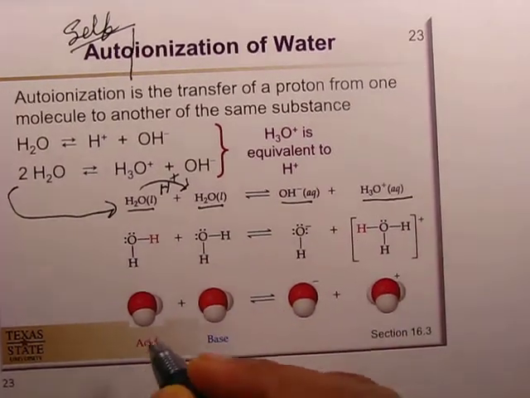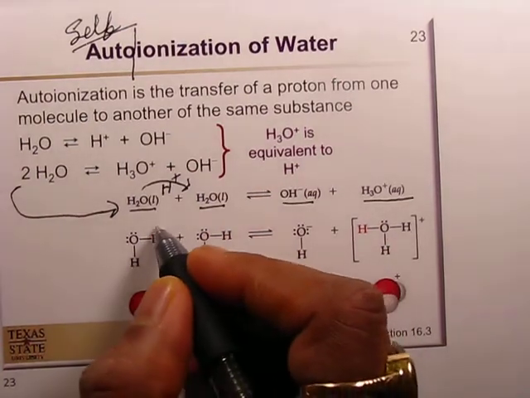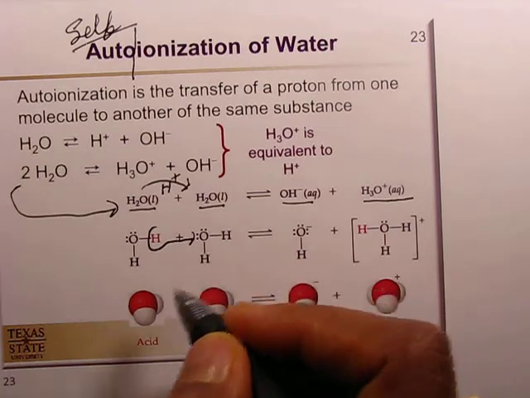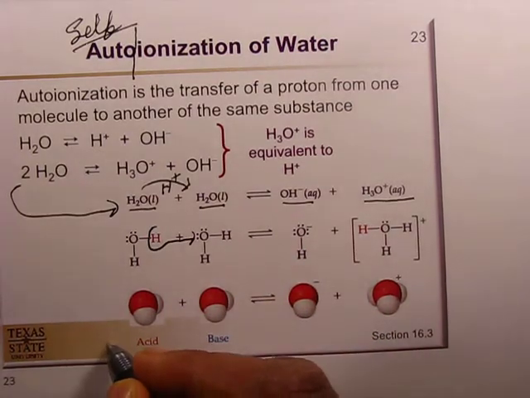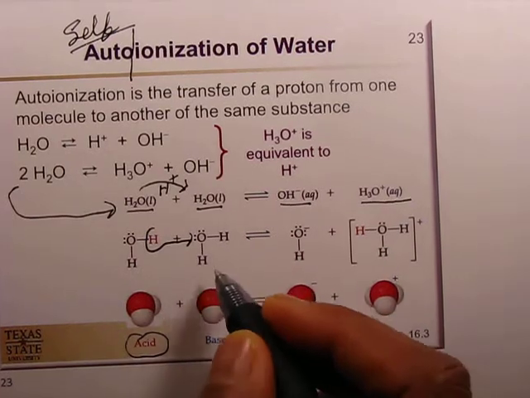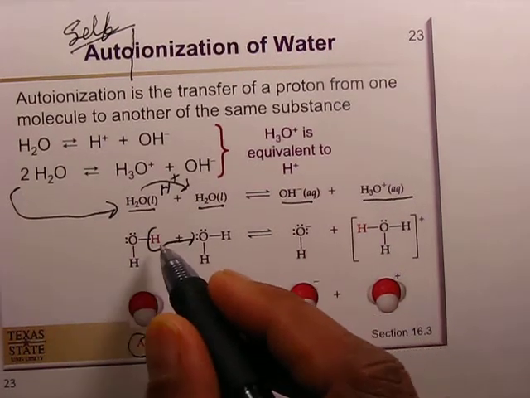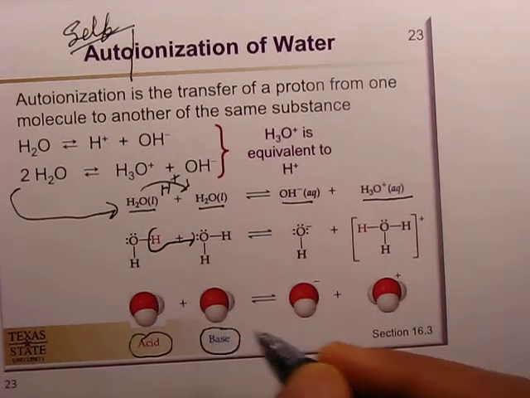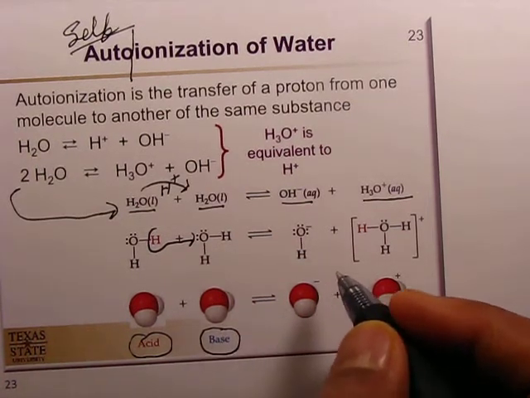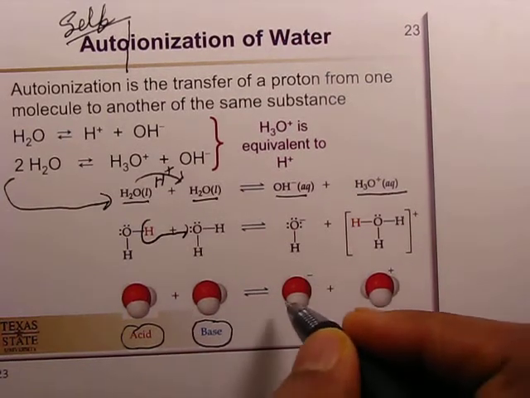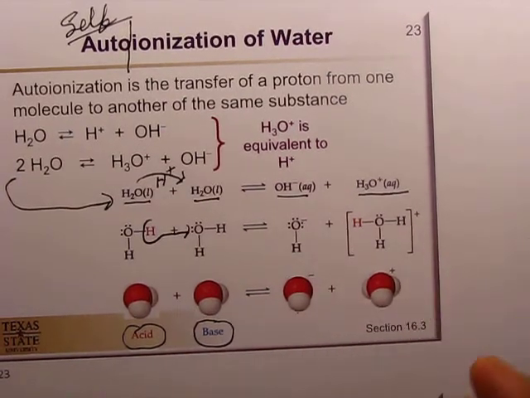Since this water molecule is transferring its proton to another molecule, it is considered a Bronsted-Lowry acid, a proton donor, and this water molecule is accepting the proton, that is why it is considered a Bronsted-Lowry base, and these are the conjugate acid and base of the water molecule.